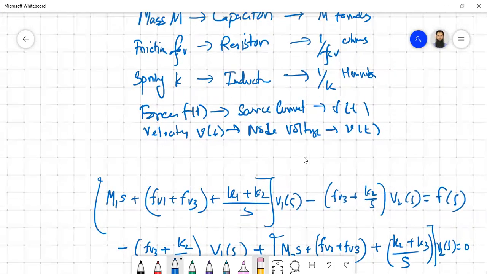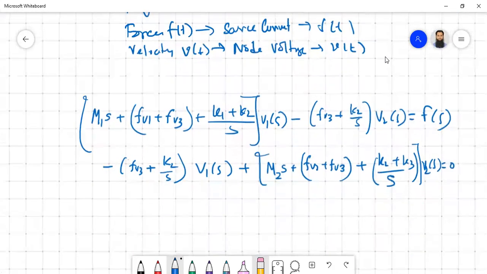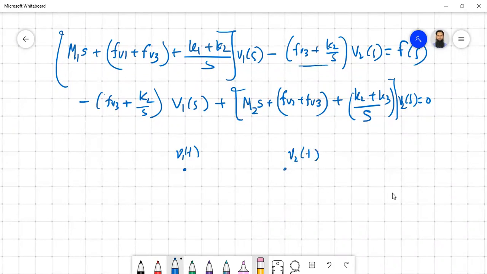So using this parallel analog, how can we represent it? Now the velocities V1 and V2 represent the node voltages. So basically there should be two nodes, one is V1(t), the other is V2(t). There are some components common between these two nodes.